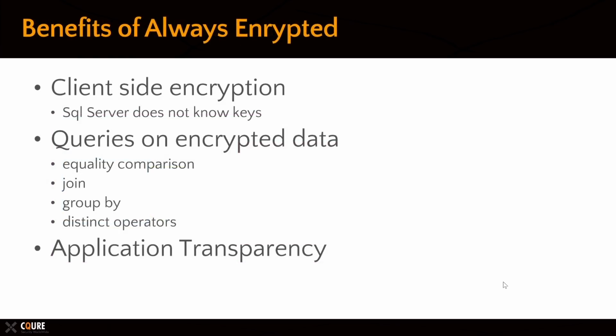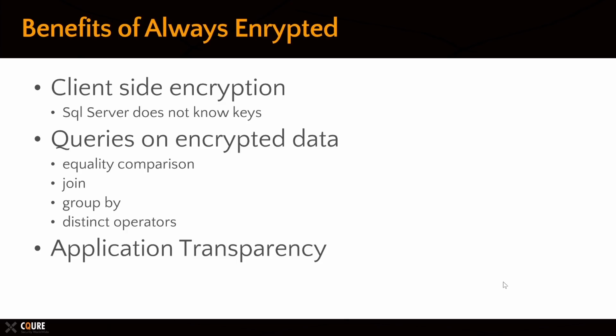The benefits of Always Encrypted is client-side encryption. SQL Server does not know the keys, actually the certificates, because the keys are in SQL Server, but they are in encrypted form. Next, queries on encrypted data are possible with equality comparison, joins, group by, and distinct operators. This is great.